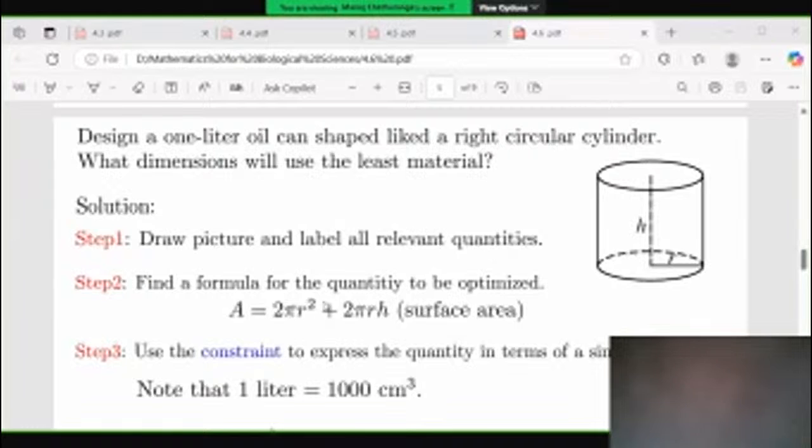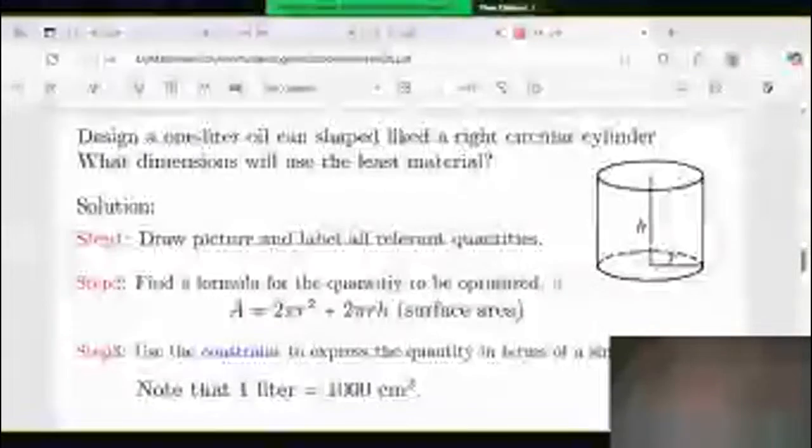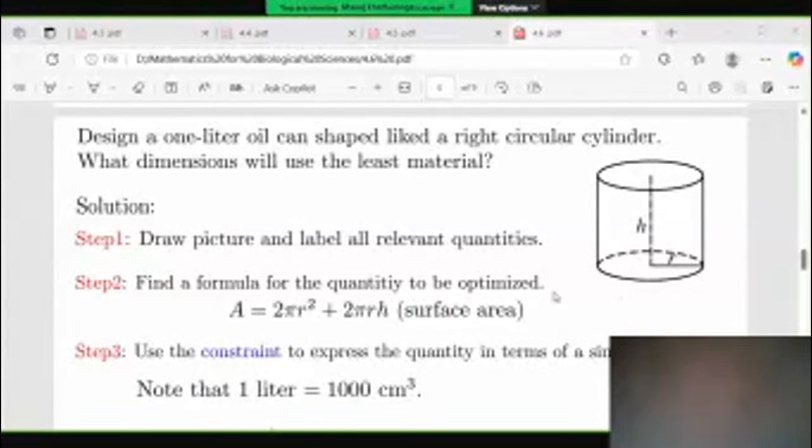The area of the top and bottom consists of two circular discs, so 2 times pi r square, plus the area of the curved region, which is 2 pi r times h.